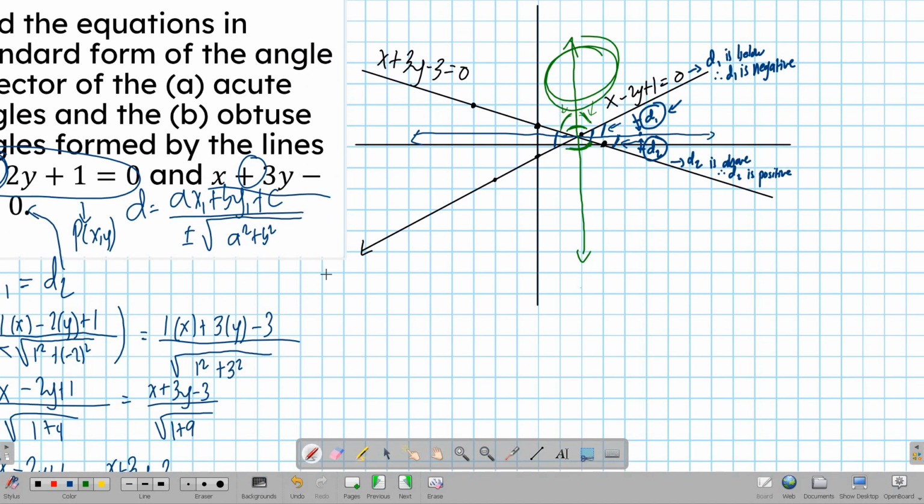That's why for the second part, for the obtuse, I can say that this distance d sub 3 is positive kasi nasa taas ng line na to. Similar to this one here, this distance d sub 4 is also on top of this line. So therefore, it will just be positive. D sub 3 is equal to D sub 4.